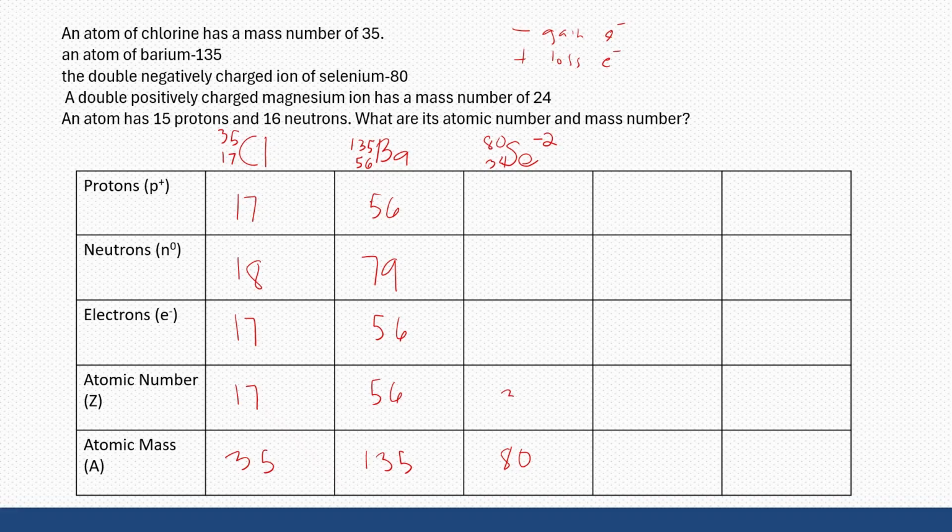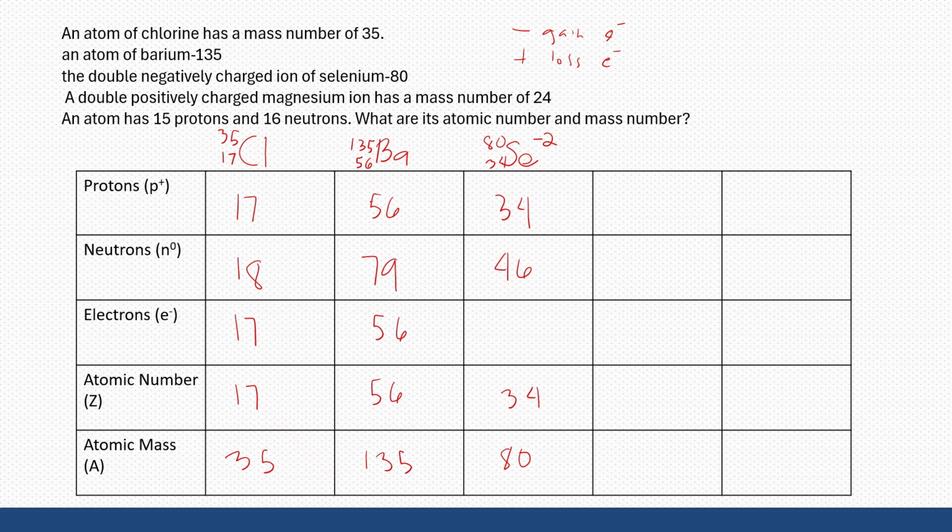The atomic number is 34. The number of protons is the same as the atomic number, also 34. Then, the number of neutrons is your atomic mass subtracted by the number of protons, which would be 46. Okay?